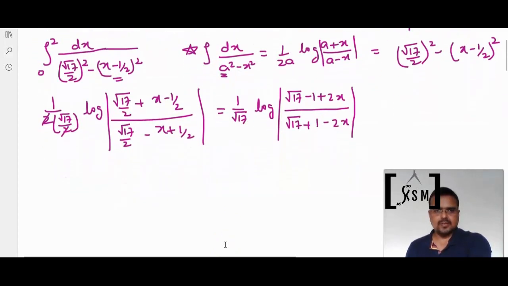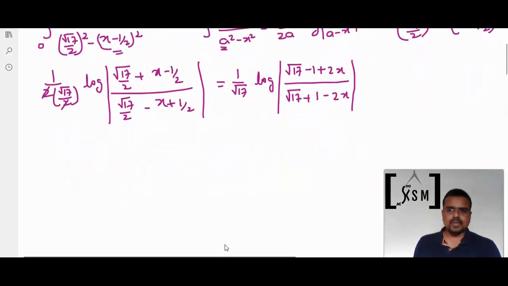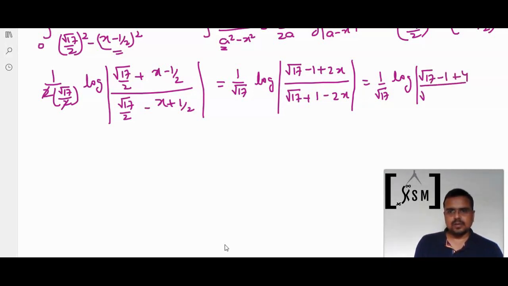So applying the limit from 0 to 2, first we apply the upper limit. So 1 over root 17 log of, when I apply the upper limit, I get root 17 minus 1 plus 4 over root 17 plus 1 minus 4, by putting in 2 for x, right?